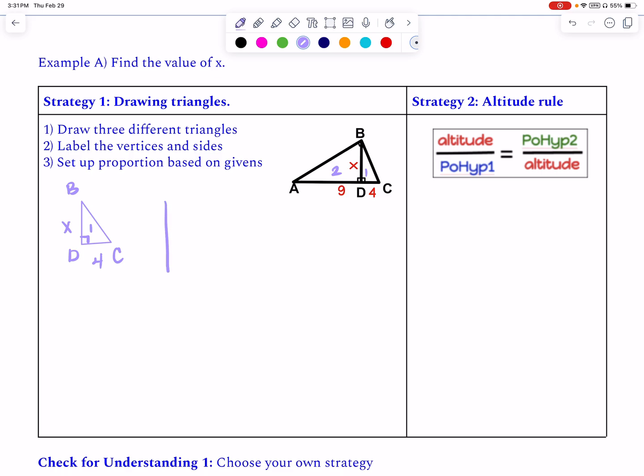Triangle 2. The right angle is at D again. The shorter length is DB, and that's x. And AD is 9.